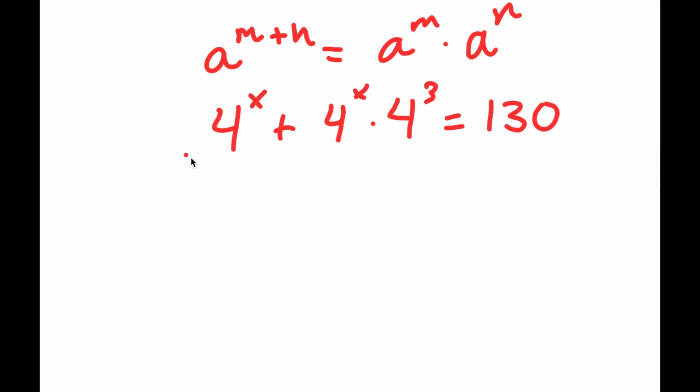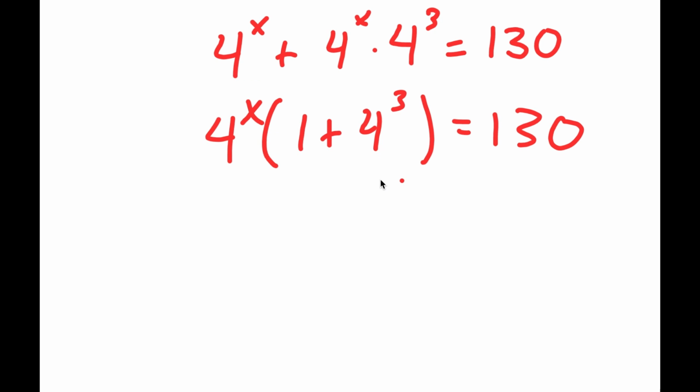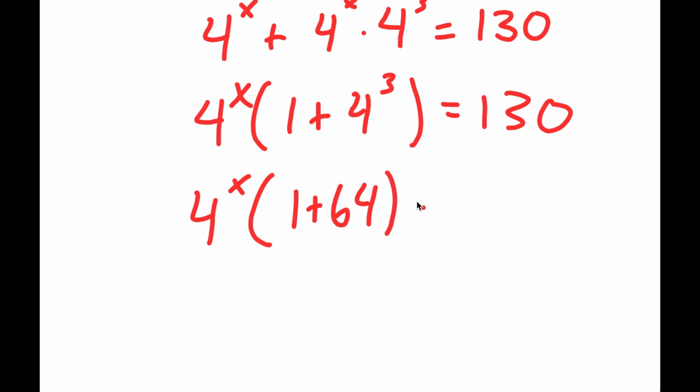And now, if I factor out 4 to the power of x, I get 4 to the power of x times 1 plus 4 to the power of 3 is equal to 130. And 4 to the power of 3, that's going to equal 64. So I have 4 to the power of x times 1 plus 64 is equal to 130.